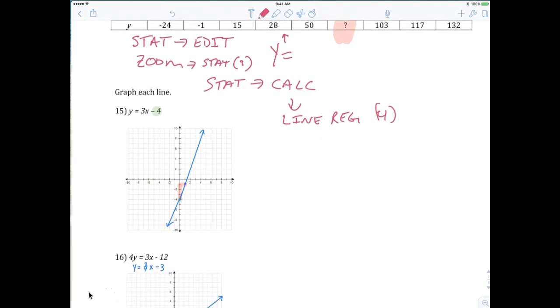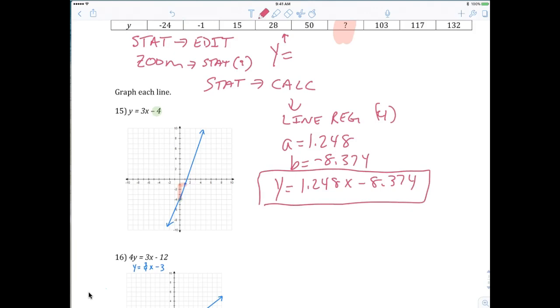So from our calculator, A came out to be, remember I said 3 decimal places, 1.248, and B came out to be negative 8.374. So now I have the equation y equals 1.248x minus 8.374. That is the equation for the line of best fit.